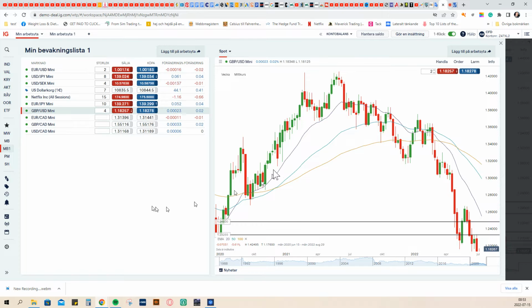So, here we have the British pound versus US dollar. And you can see there's a massive downtrend for the pound. Or if we see on the other side of the coin, this is a massive uptrend for the US dollar.